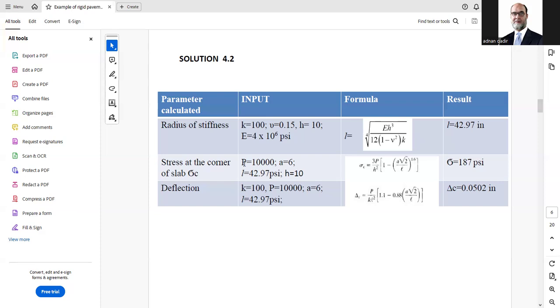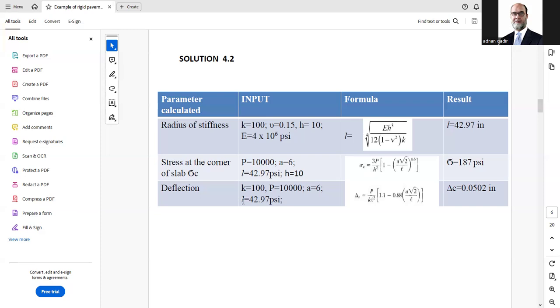As shown in the previous slide, if you want to know the stress at the corner, we need to know P, the contact radius A which is 6, the stiffness and the slab thickness, and we found that it is 187 psi. It's nothing, simple input of the values.